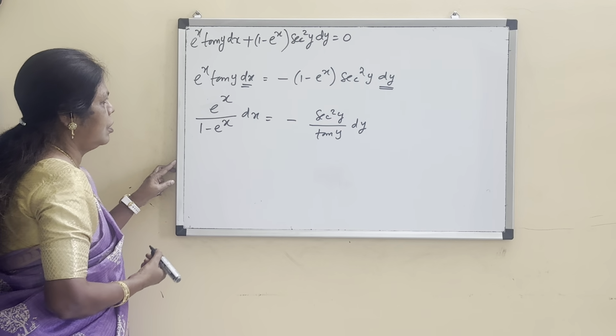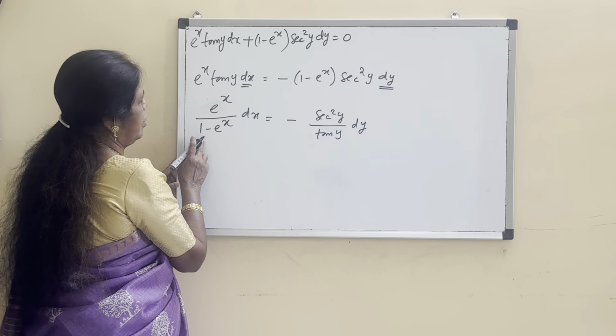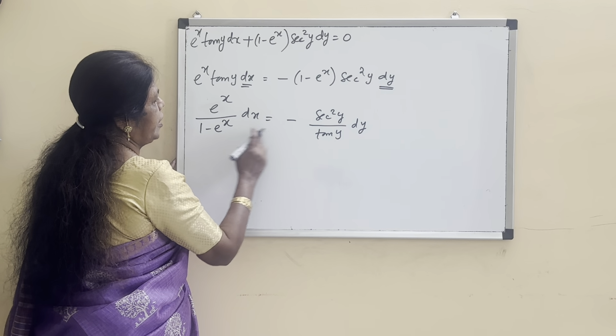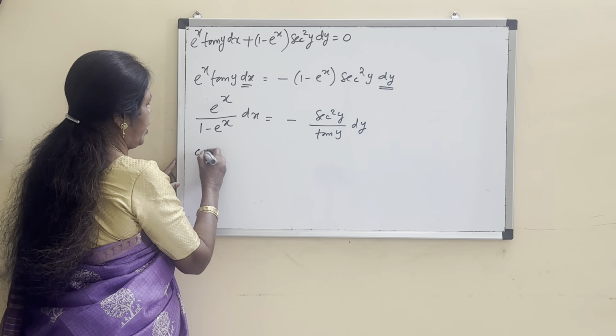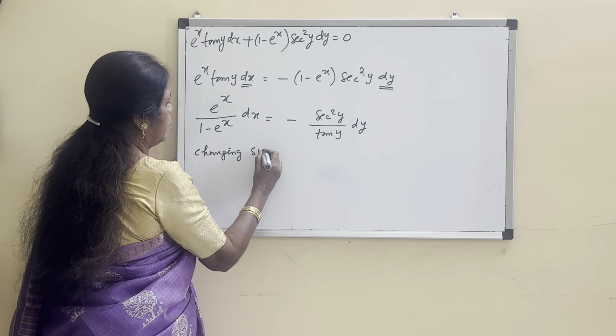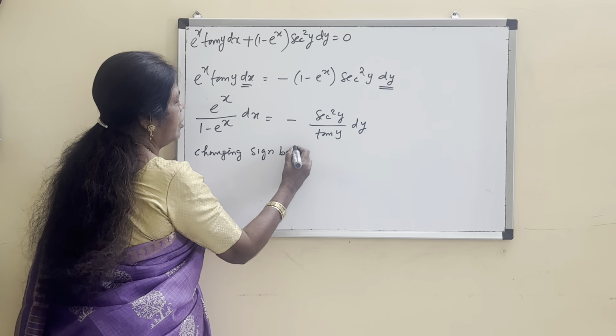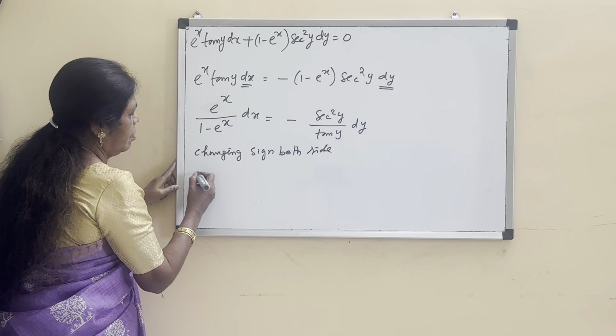Right. Now, we can keep the negative sign this side because while integrating, we'll get a minus sign. So let me change the sign both sides. You will understand why we have the minus sign this side.